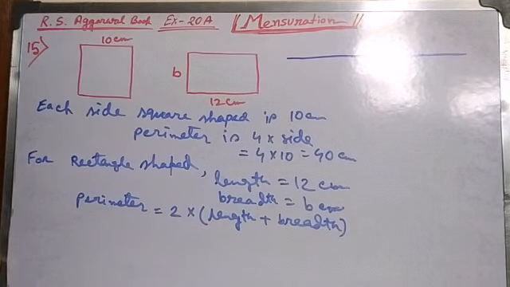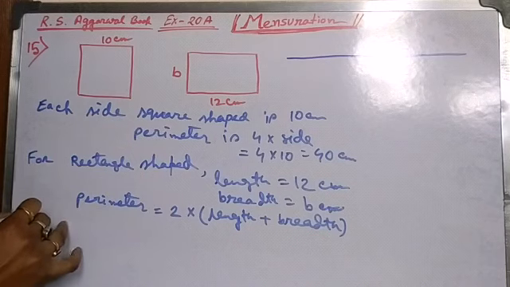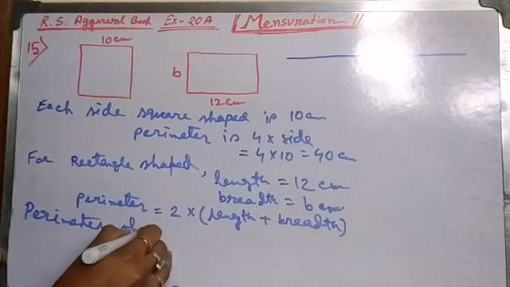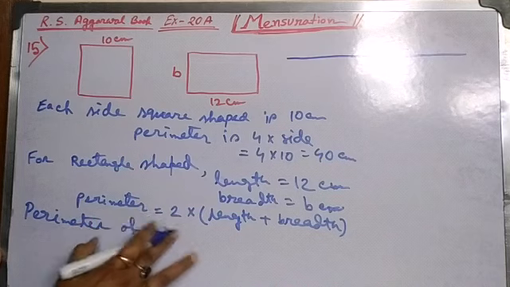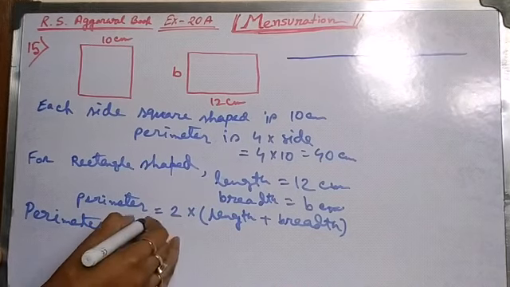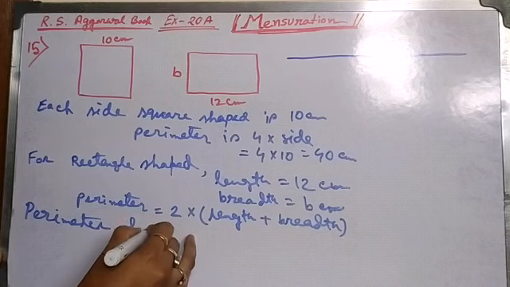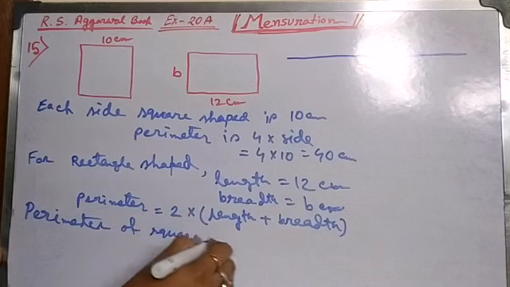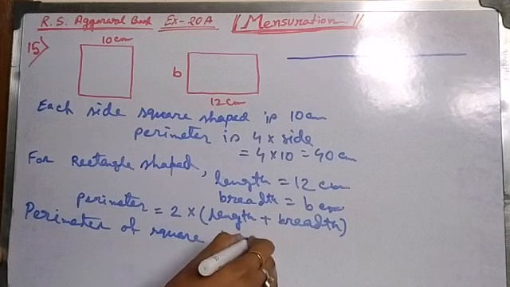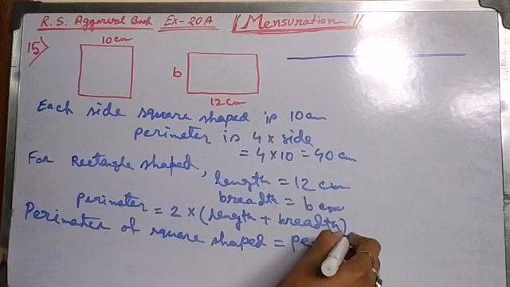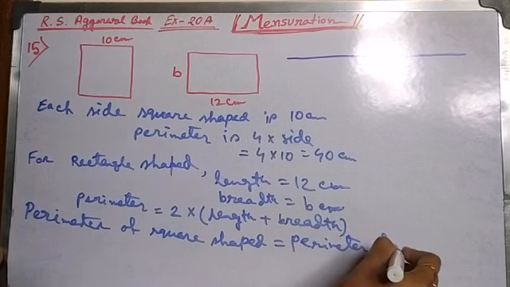Then perimeter of the square shaped equal to perimeter of rectangular shaped.